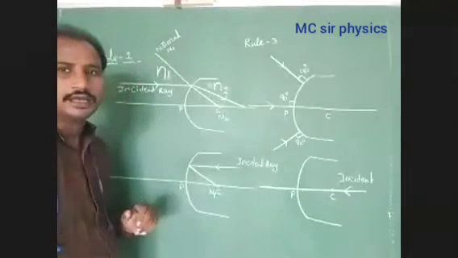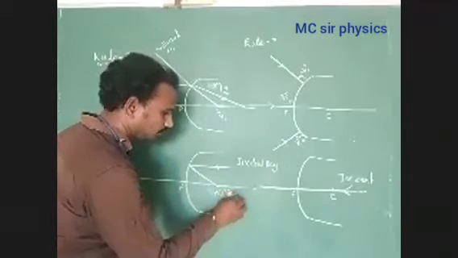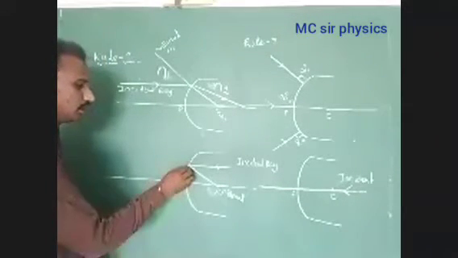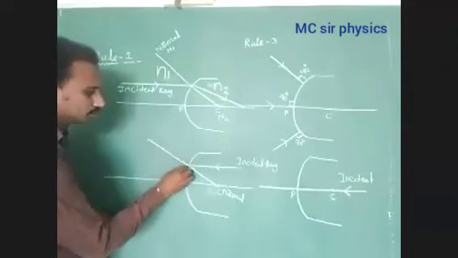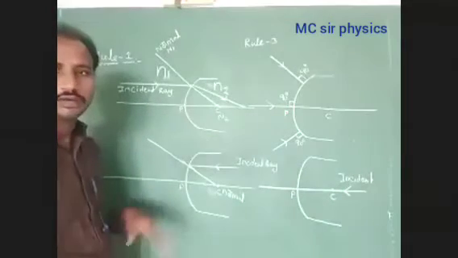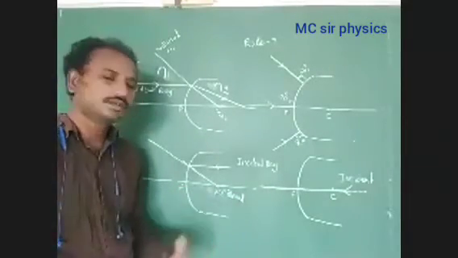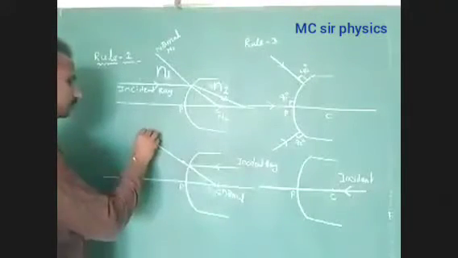Next, we have to represent that normal in the rarer optical medium. The normal is always perpendicular to the curved surface and it is passing through the center of curvature. Just identify this normal.